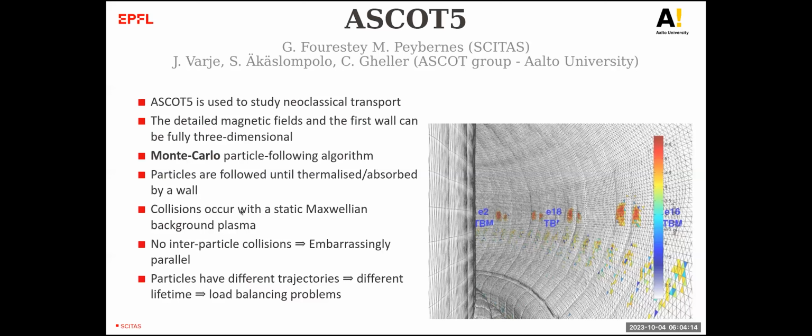There are collisions, but it's with a static background, so there are no collisions between particles, which means that it's embarrassingly parallel. We can follow each particle individually until it finishes. But we don't know how long that's going to take. Some of them will collide with the wall straight away, and some of them won't. So it's easy to parallelize in theory, but then you have a big load balancing problem depending on how long the particles survive for.